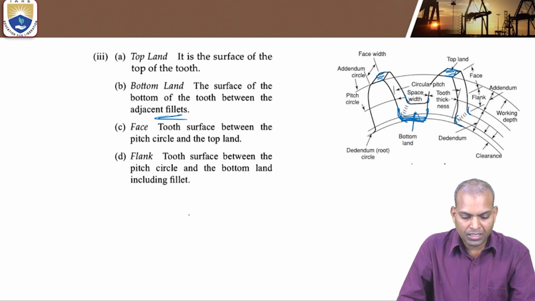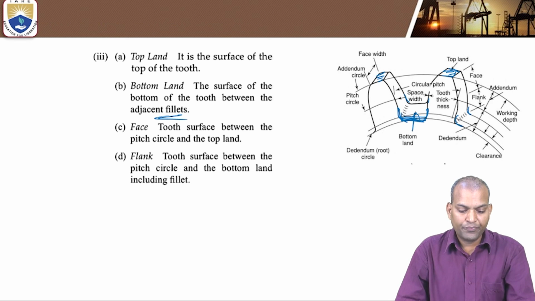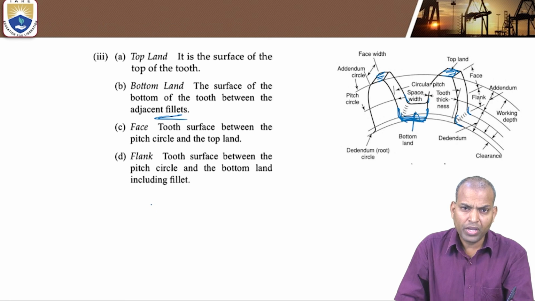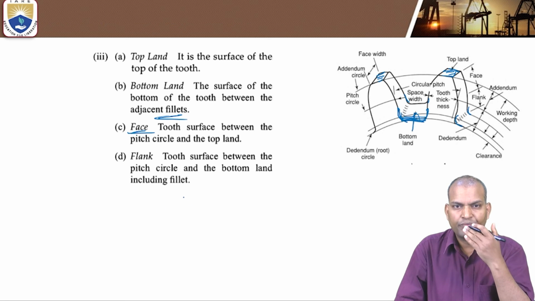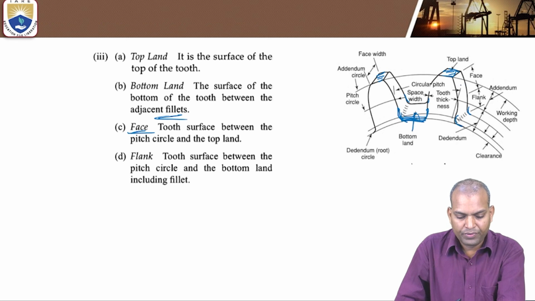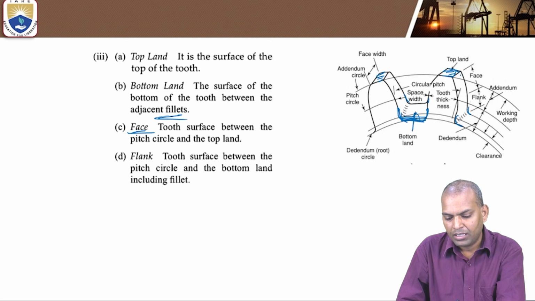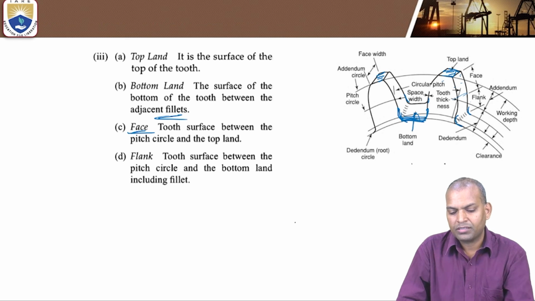The next term is the face of the tooth. For our body, it is the face, but for gears, what is the face? It is the top surface of the tooth between the pitch circle and the top land. That is known as the face.